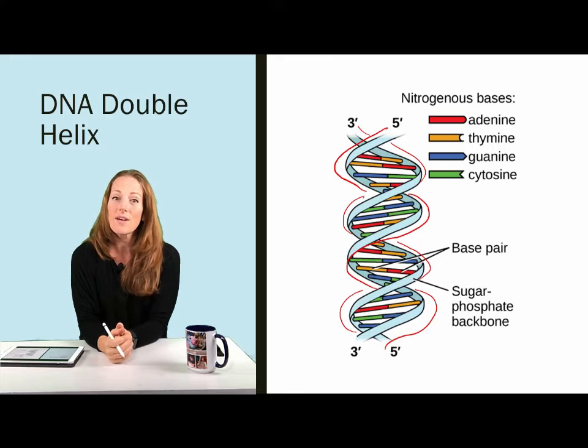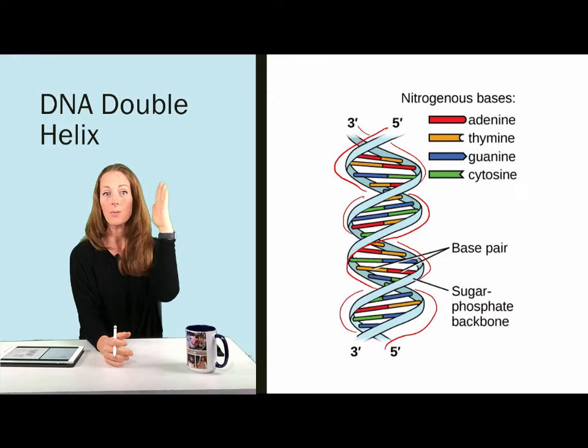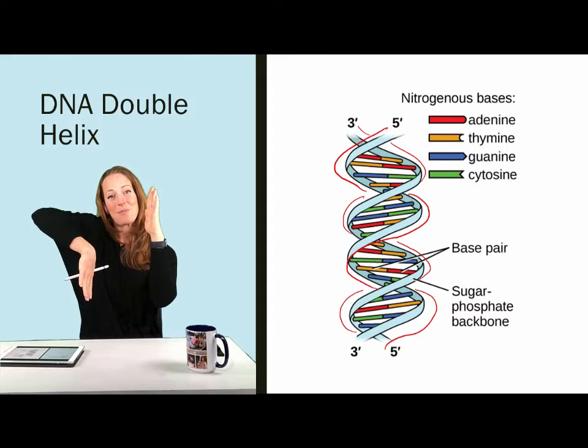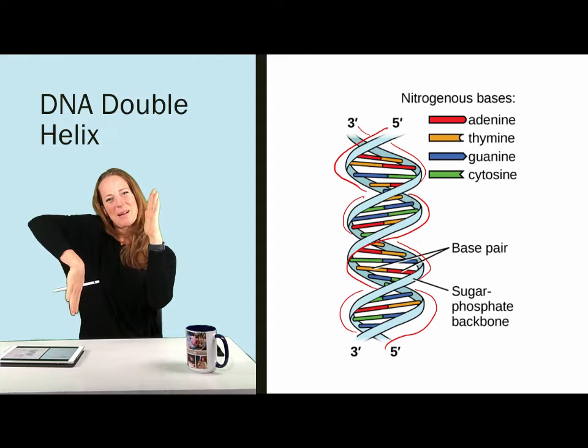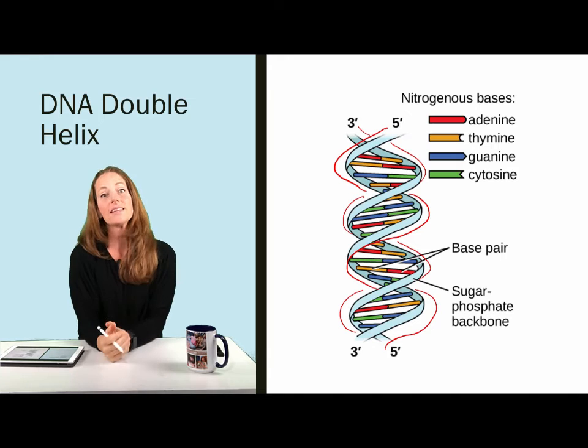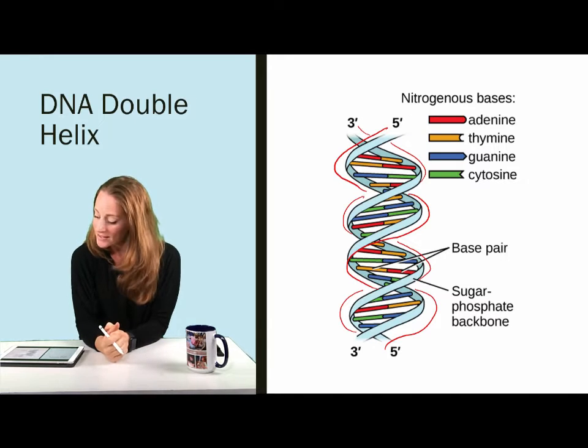One of the sugar phosphate backbones goes in a 3' to 5' direction, and one of the sugar phosphate backbones goes in a 5' to 3' direction. So they're exactly opposite each other. We'll talk about this in a moment.